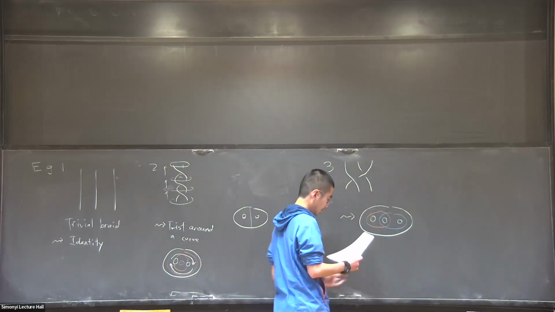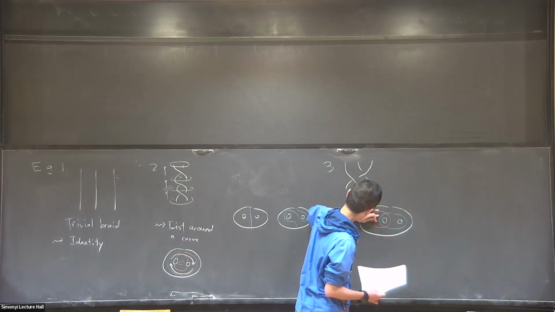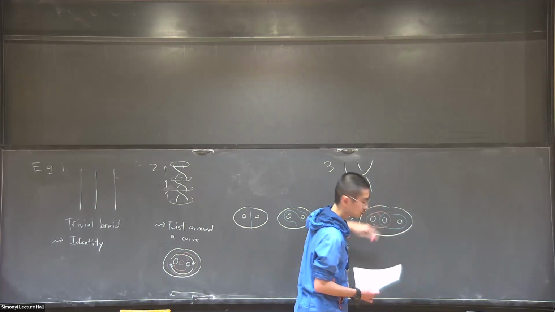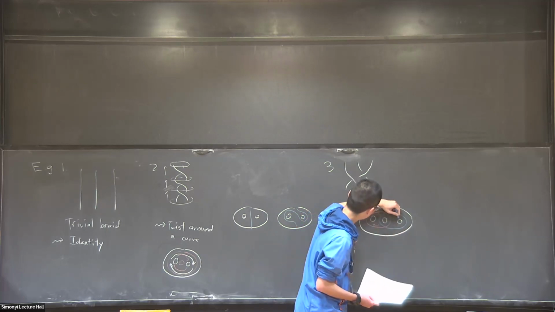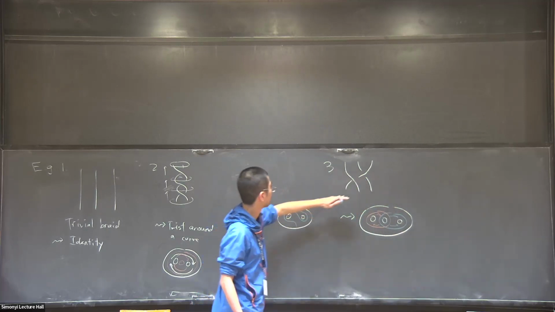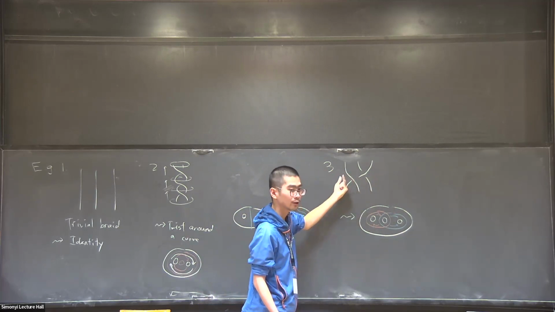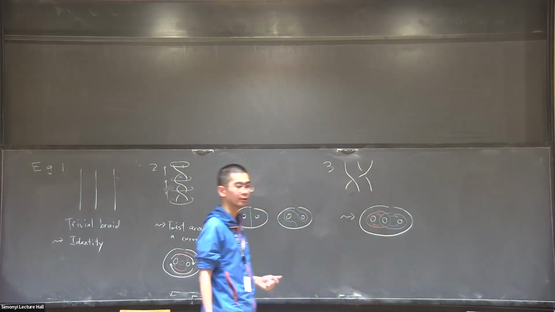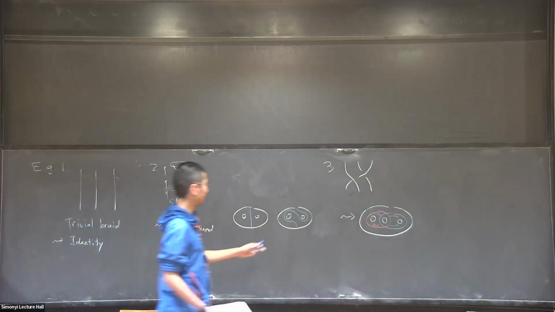So you first do a half twist around these two punctures, and then you do a half twist around these two punctures, because that corresponds exactly to the two crossings. As you sweep from bottom to top, you first interchange these two holes, and then you interchange these two.